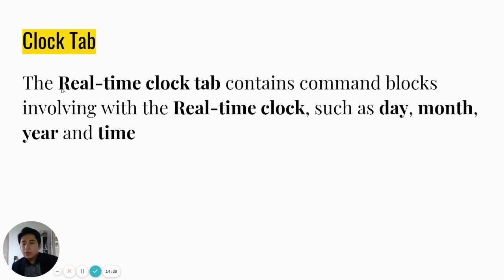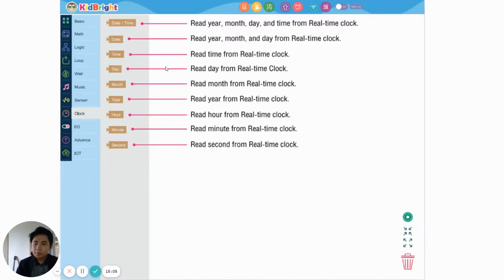The real-time clock tab contains command blocks involving the real-time clock, such as day, month, year, and time. Using the clock tab, we can set the time, the day, the month, the year, and we can also get the value: what's the day today, what's the date, what's the time.